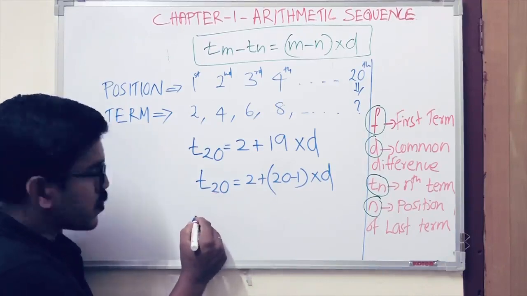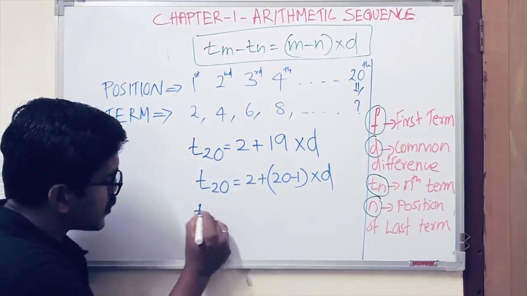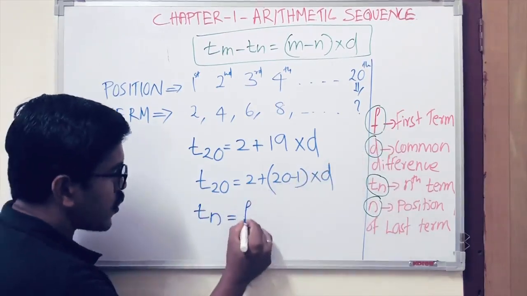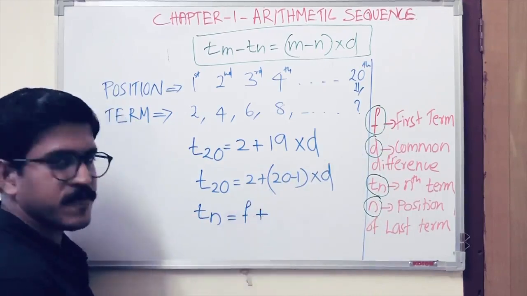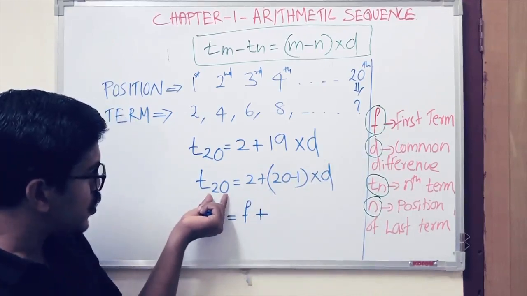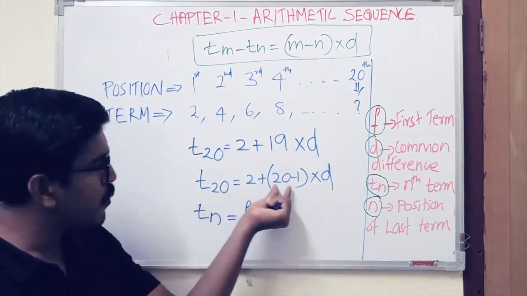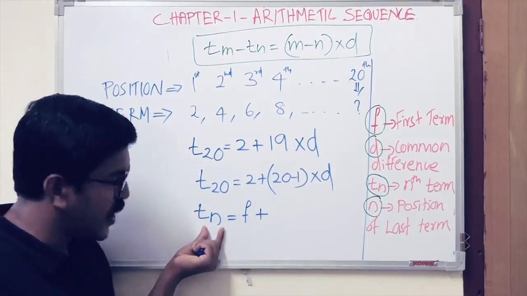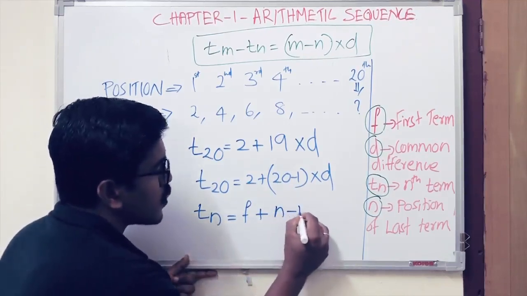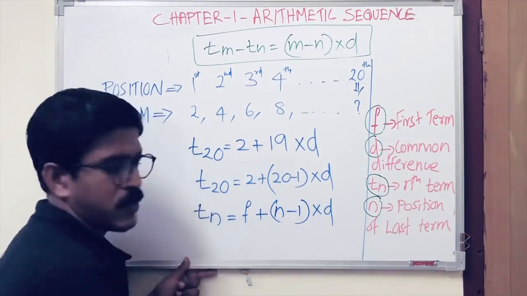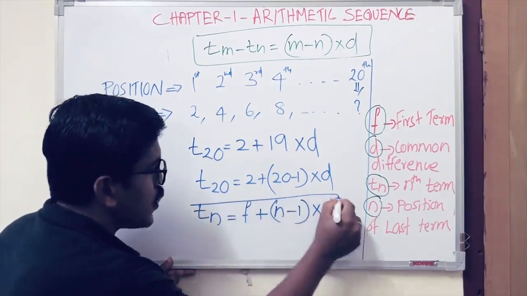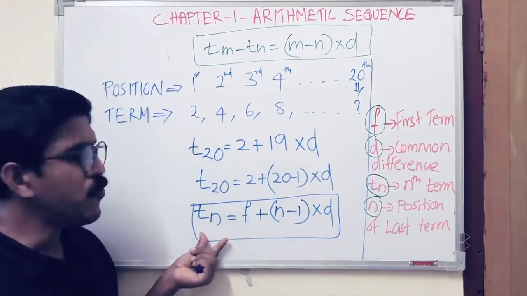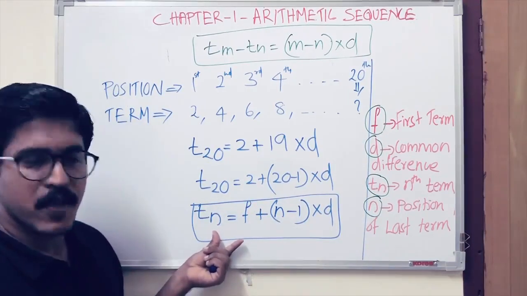So I am writing Tn equal to the first term, f, instead of 2, plus, since here it was the 20th term, 20 minus 1. In the same way, for the nth term, n minus 1 will come into d. So this is the general formula to find the nth term of any arithmetic sequence.